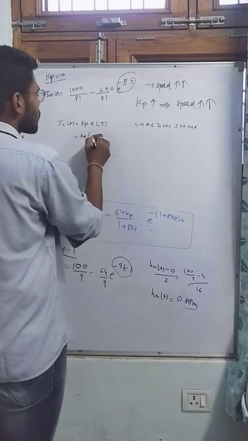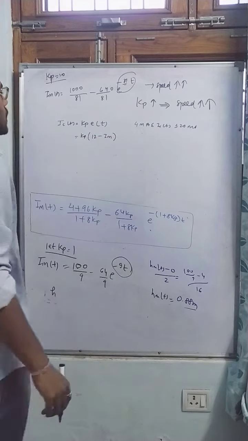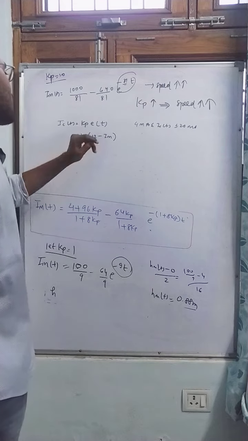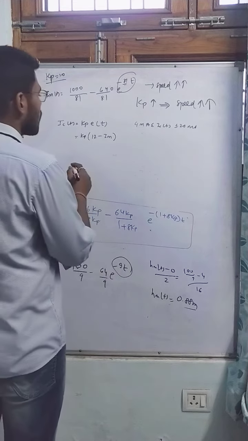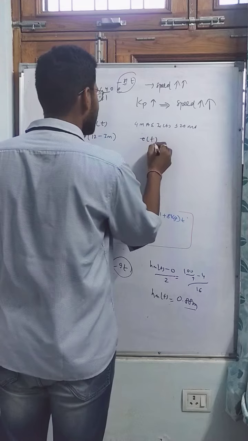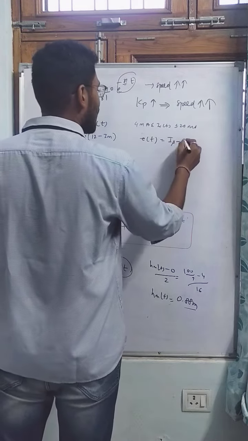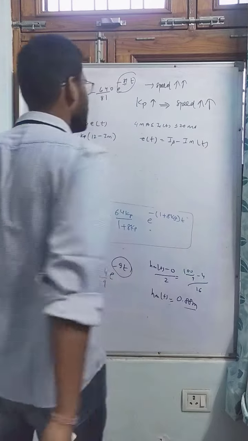Now, what is Et? Et is 12 minus IM. Yes or no? Et is 12 minus IM. Okay, fine. And what was Et? Et was IS minus IMT.